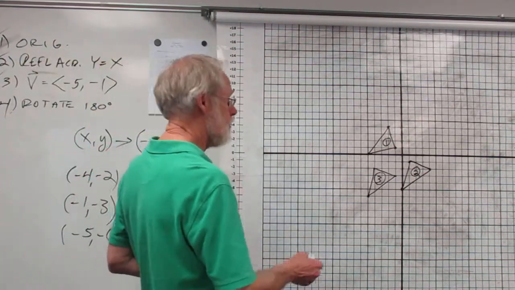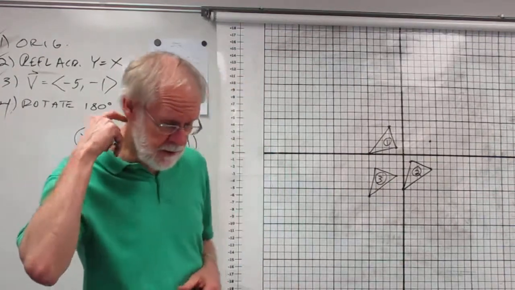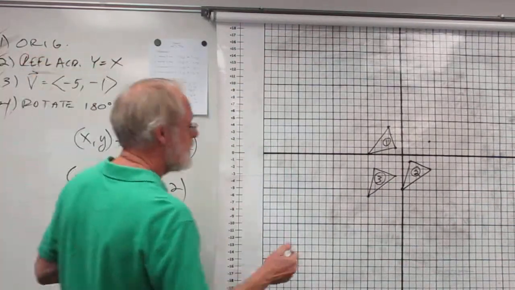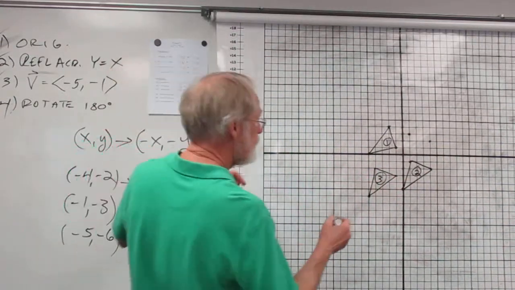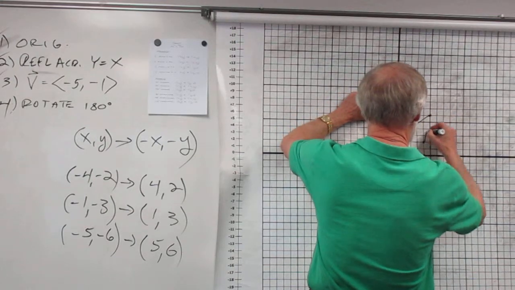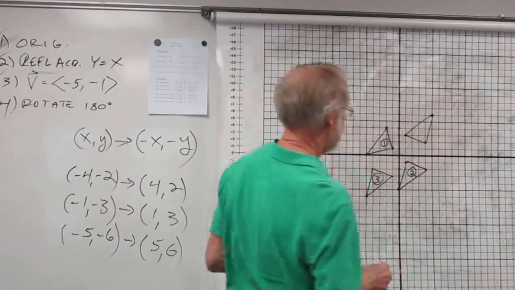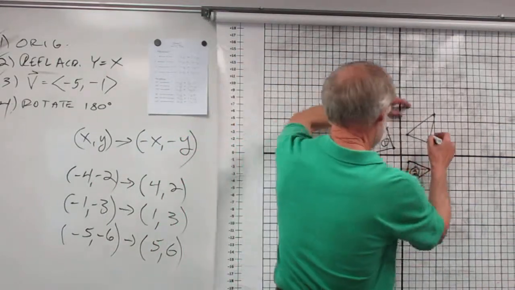Let's see where we end up. 4, 2 is here. And 1, 3 is here. And 5, 6 is here. All right, and there is our final resting place right there. And that is number 4.